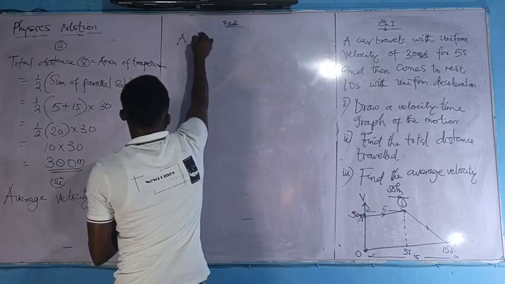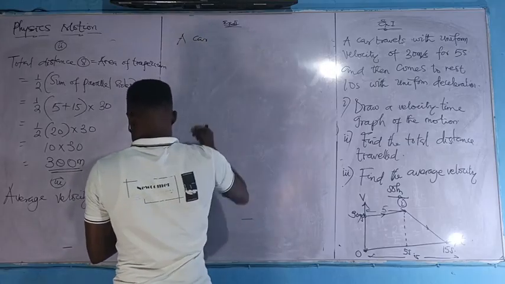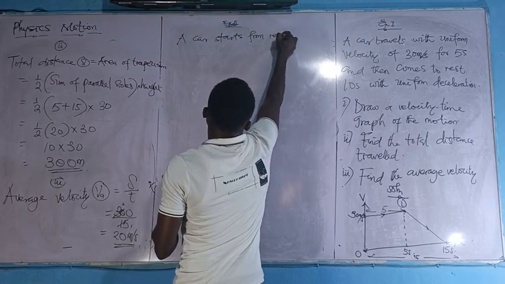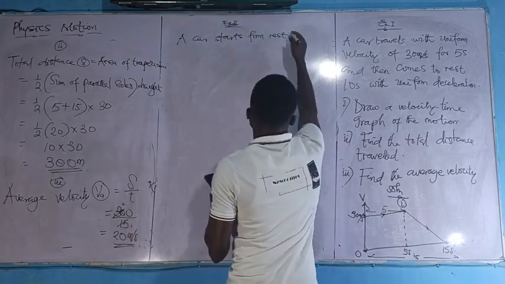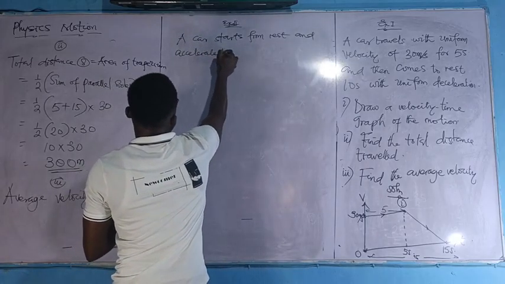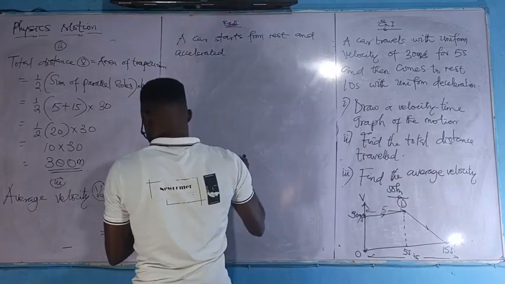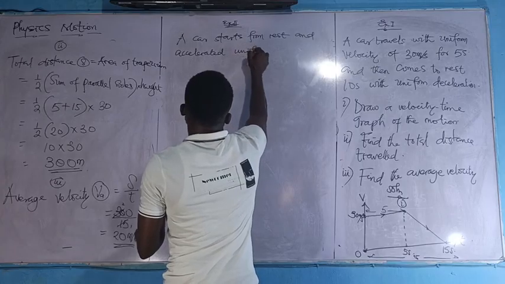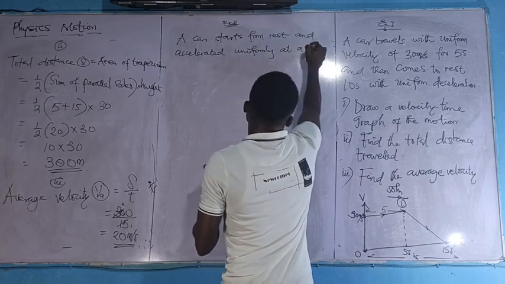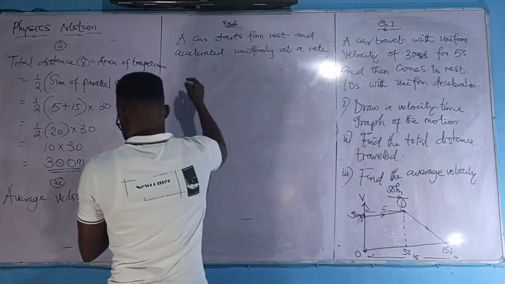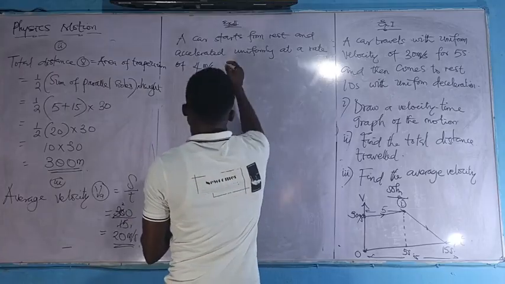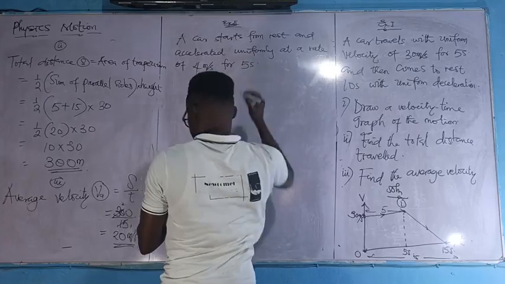A car starts from rest and accelerates uniformly at a rate of 4 meters per second squared for 5 seconds.